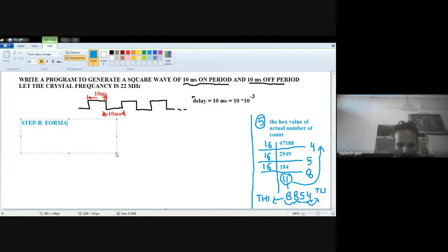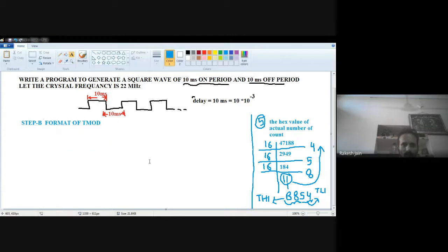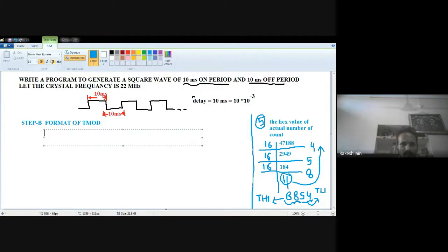Format of T mode. Let's look at the format of T mode. So we know that T mode is an 8-bit register in the 8051 microcontroller, which is related to the timer.